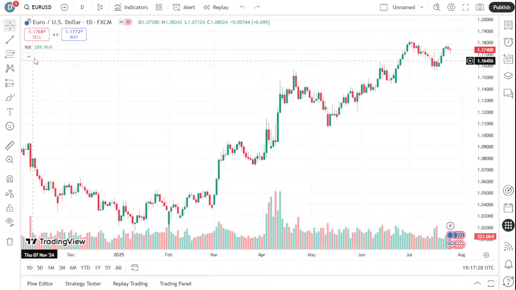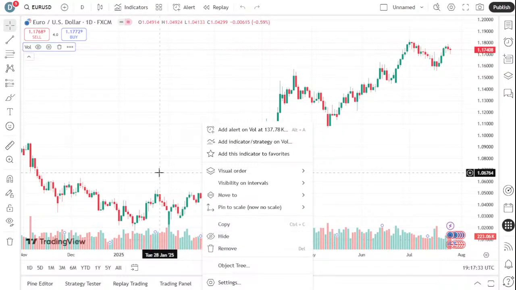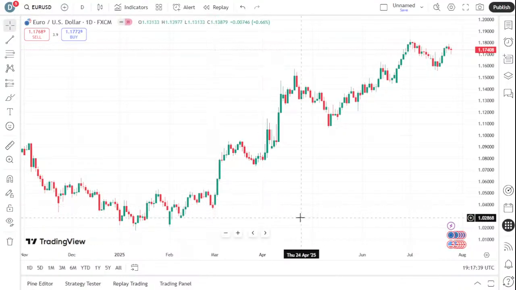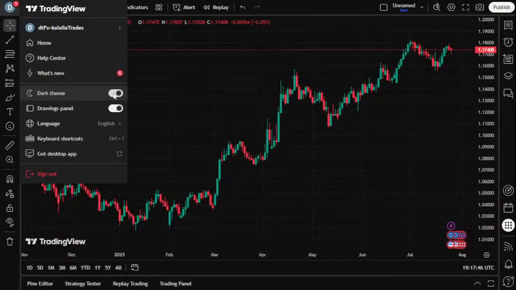Another thing I do is to take off this volume indicator because I don't use that. So you can either scroll to up here or you can right click and then click remove, and then it's gone and now you have cleaner charts. Another thing I like to do is dark theme.